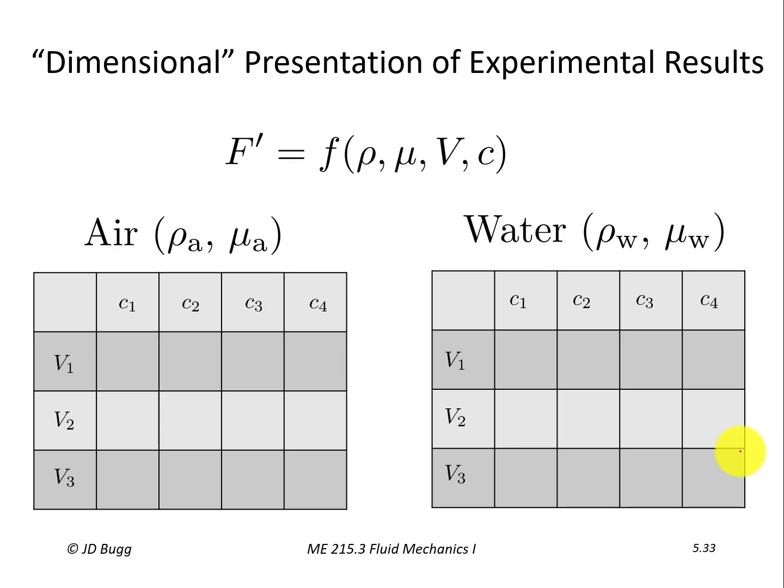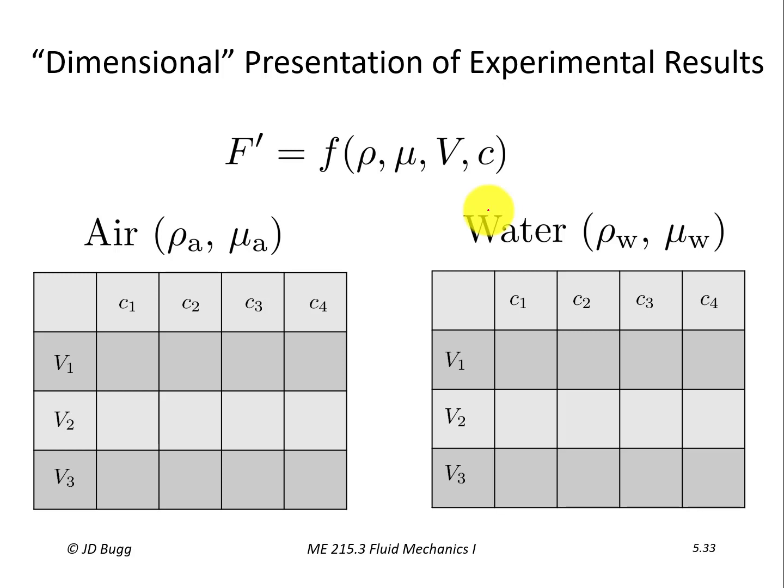But it's actually quite complicated to present the experimental results because there's quite a number of variables on the right-hand side of this equation. Now this is actually a relatively small set as well. We could add a lot of other variables to the right-hand side if we were interested in looking at other effects on the drag force.